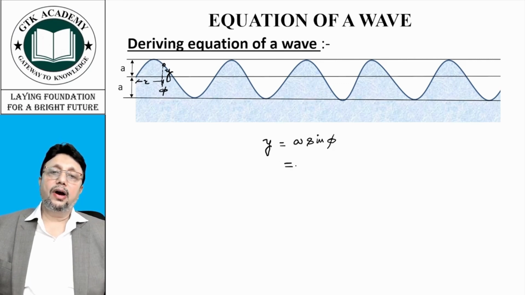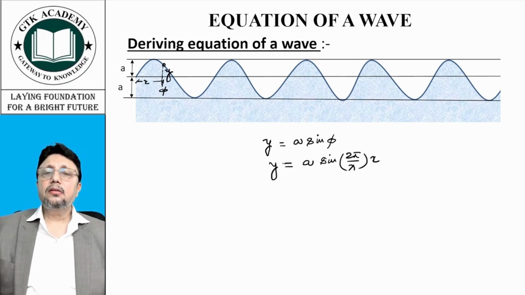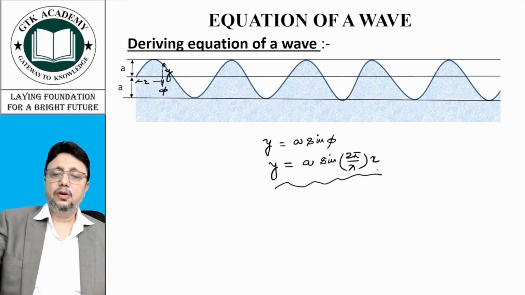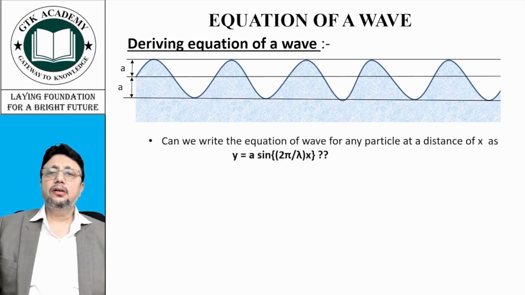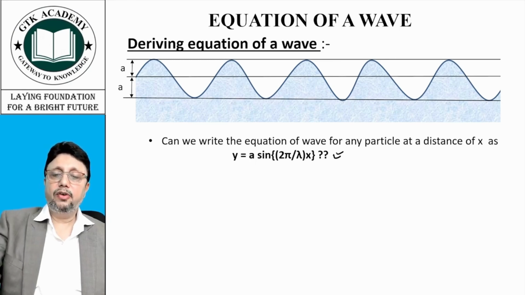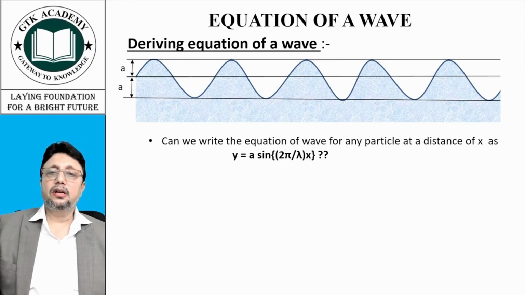Now phi is equal to 2 pi upon lambda into x. That means this will become the equation of the wave. So can we write the equation of the wave for any particle at a distance x as this? It's a question to you all. Just think over it, and very shortly we'll be getting the answer.